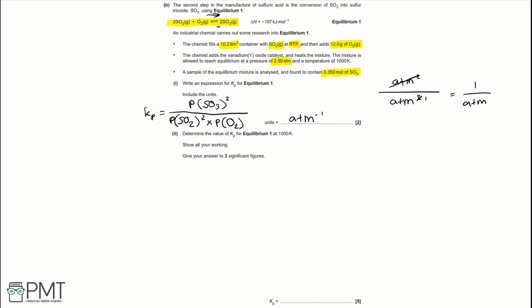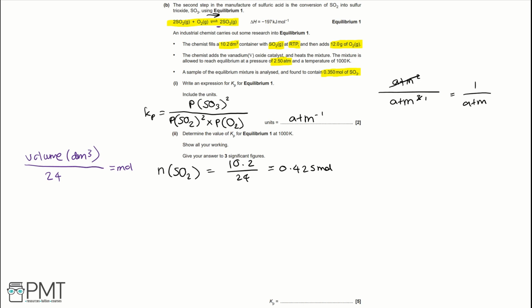Our first equation is volume in decimeters cubed, divided by our molar volume of 24, and that's going to equal moles. So for SO2, our n of SO2 is going to be 10.2 divided by 24, and that equals 0.425 moles.